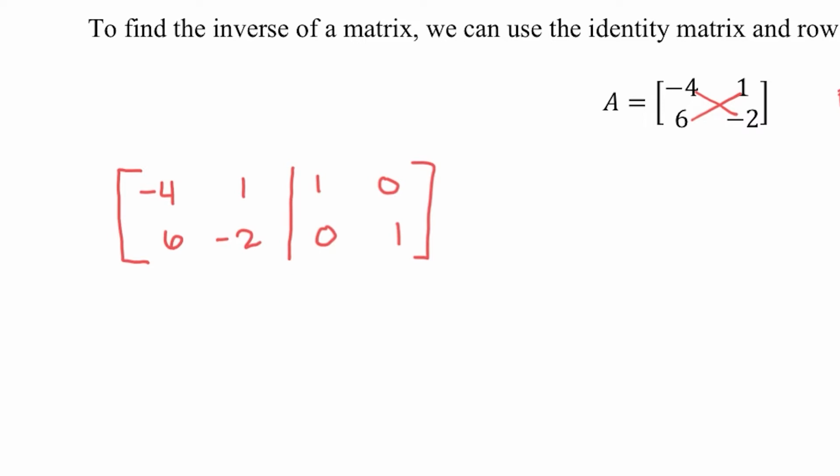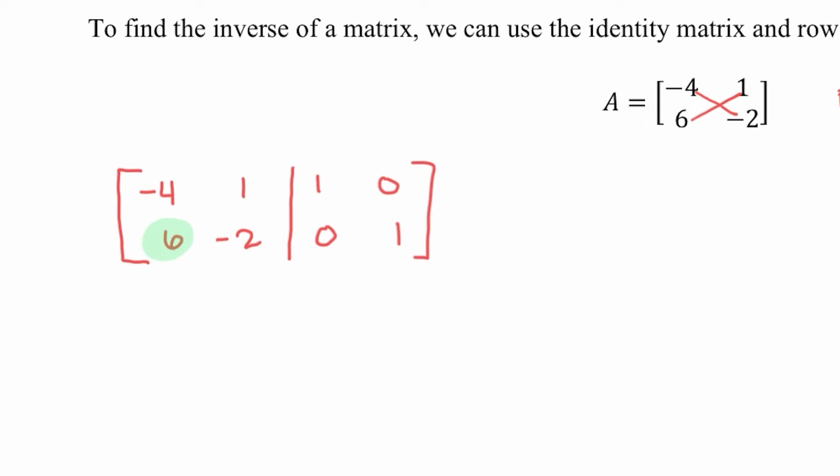Okay, if we want to turn this into the identity matrix, the first thing I'm going to do is try to turn this right here into a 0. So we're going to have to do some combination of the two rows in order to make that be a 0.